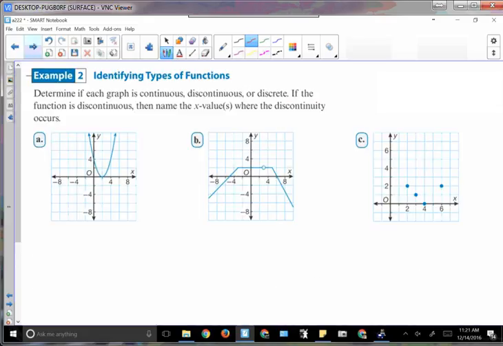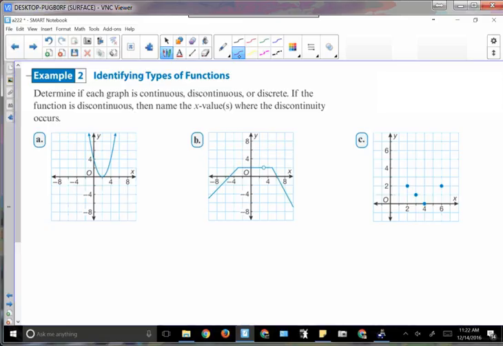So, identifying types of functions. They want us to identify whether it's continuous, discontinuous, or discrete. If the function is discontinuous, we have to find where the gap is. So if I take a look at 1, first offhand, continuous, discontinuous, or discrete?